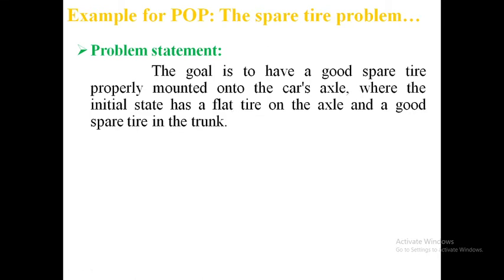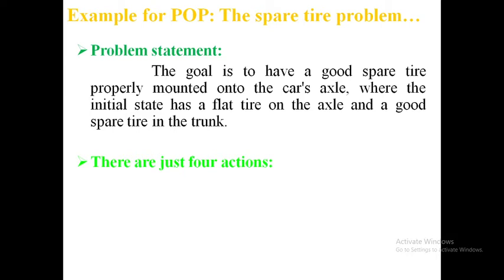Right, so for that, what can be the actions we need to perform? First thing, we have to remove the flat tire on the axle. We have to get the spare tire from the trunk, means we have to remove the spare tire from the trunk, and we have to place our spare tire on the axle.